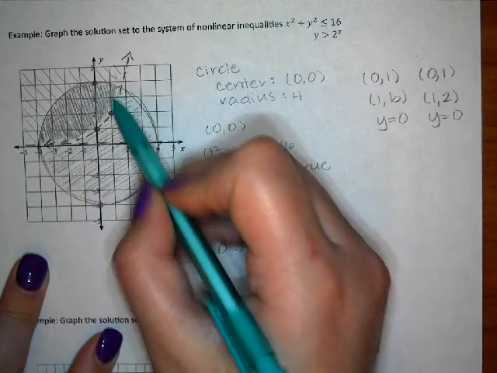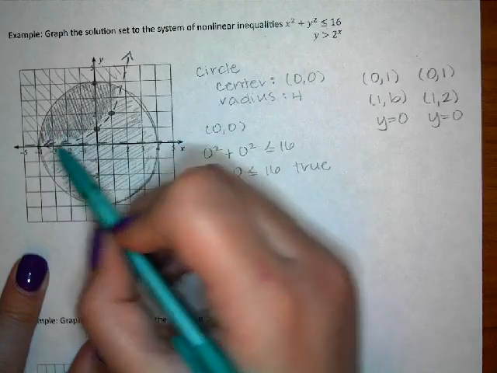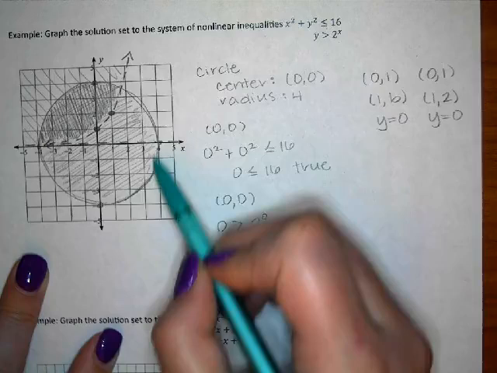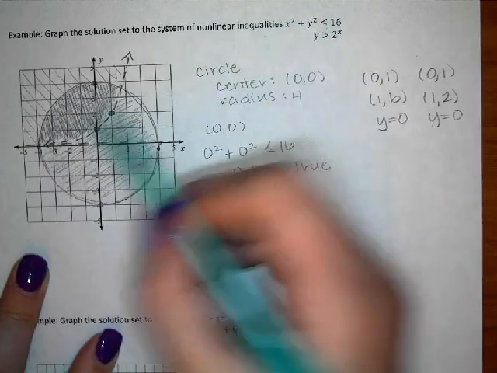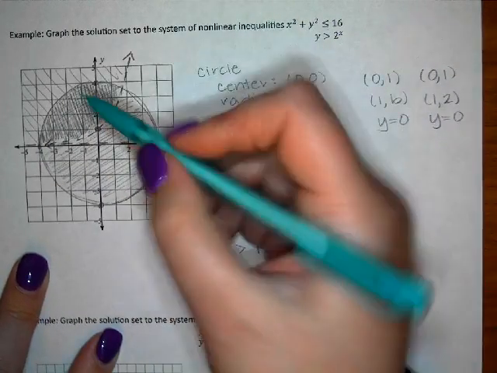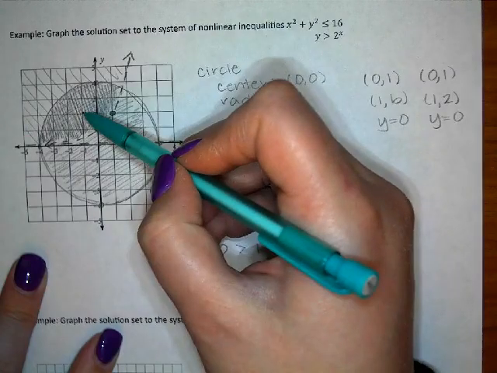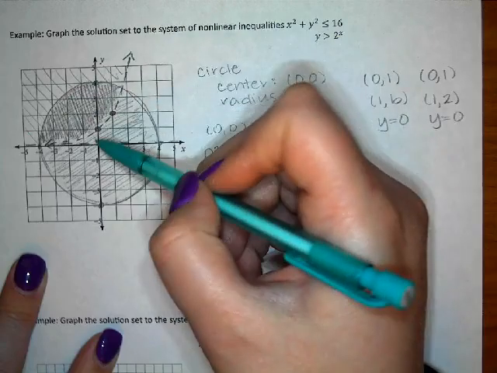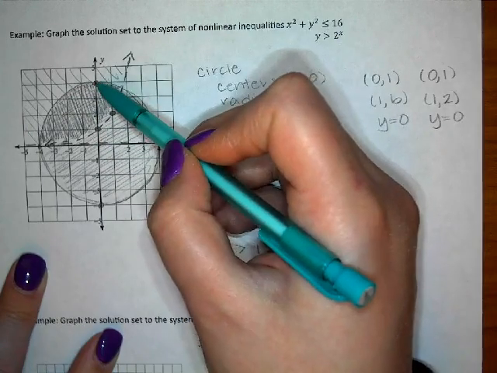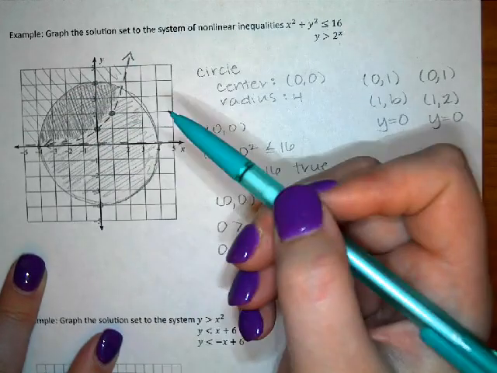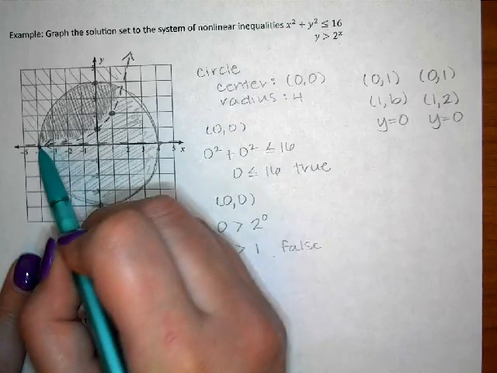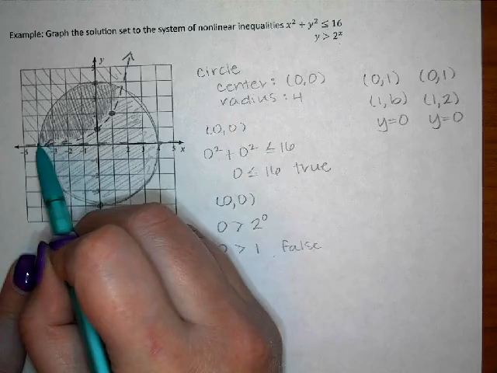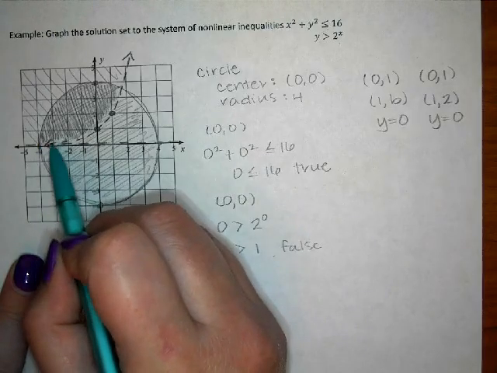If they wanted specific solutions, I could say the point like (-1, 2), (-2, 3), (0, 4) is a solution. (-4, 0) is probably not a solution, because I think this graph is on the asymptote, so this graph would have cut off (-4, 0) from being a solution, but you get the idea.